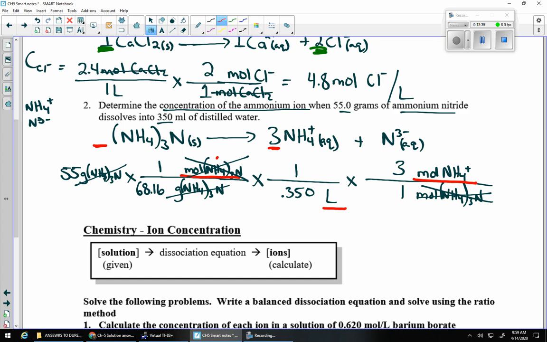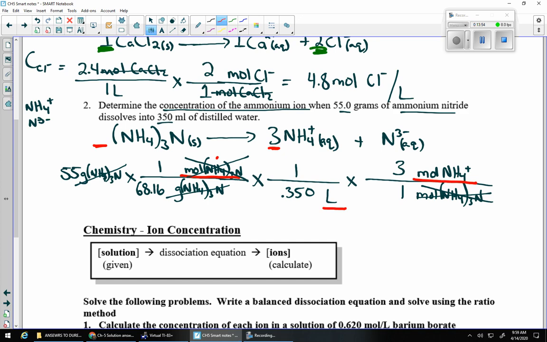So when we go through and plug this in, I'm going to do 55 divided by 68.16 divided by 0.350, and then times 3. Because remember, multiplying by 1, dividing by 1 doesn't really matter at all.